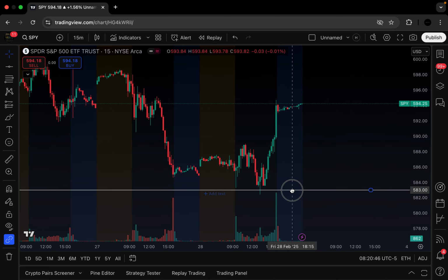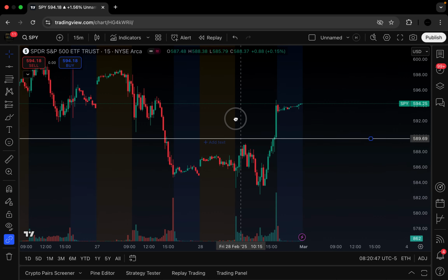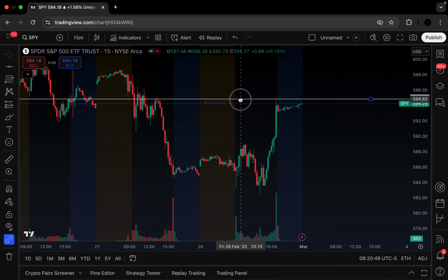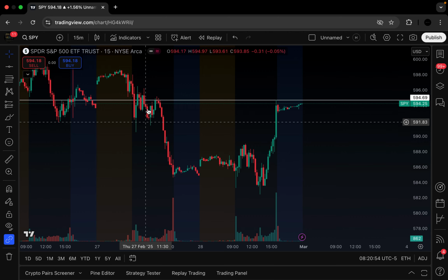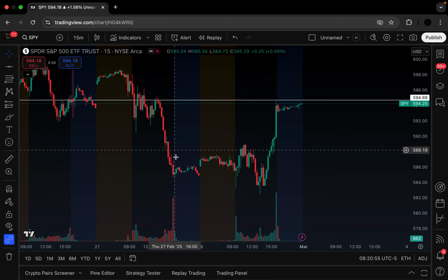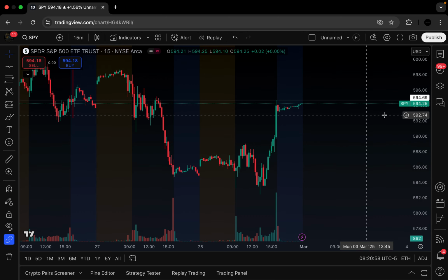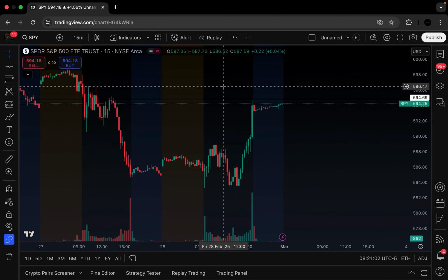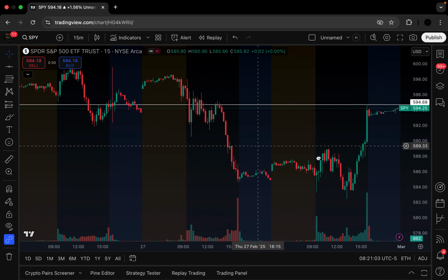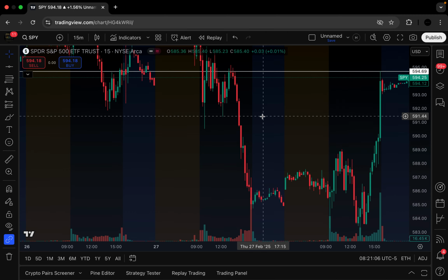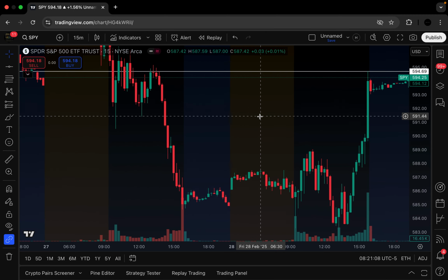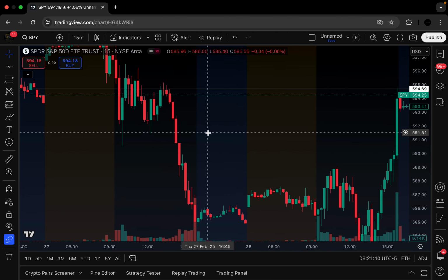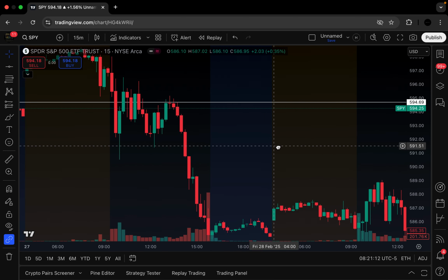So key pivots would be, all right, guys, right here we would make this a key pivot. So this strong reject down here, okay? So this would be 594.69. We can go ahead and zoom in a bit to get a closer view there.